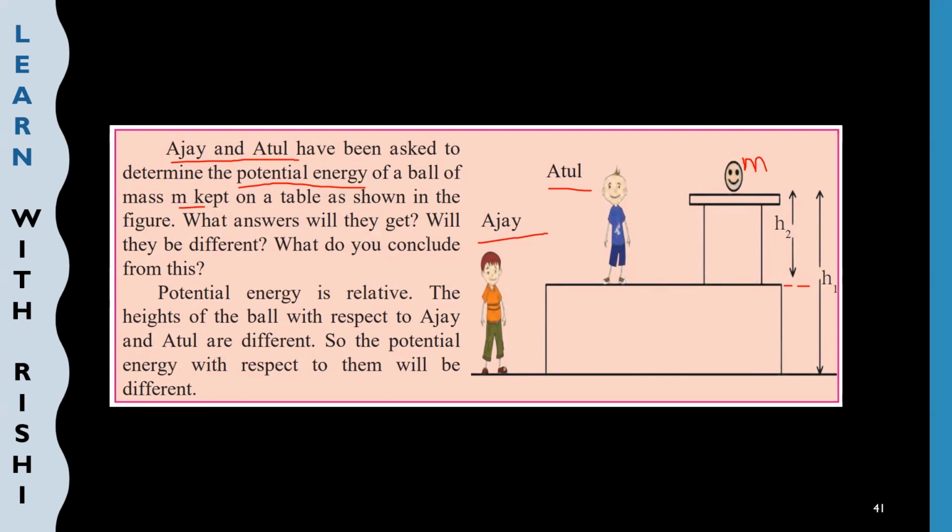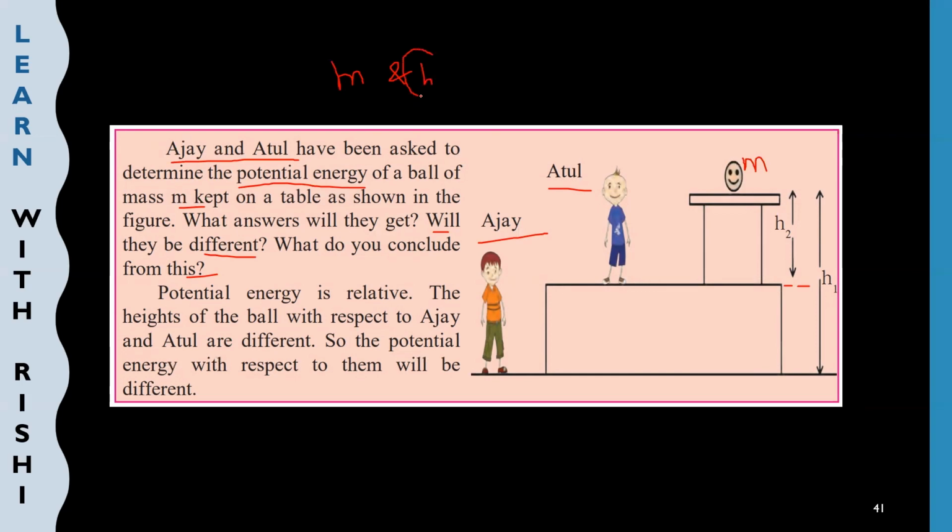So the questions are: will the potential energies be different? What do you conclude from this? So what is the answer? These potential energies depend upon the mass of the object and the height of the object, because it is due to the position of the object.